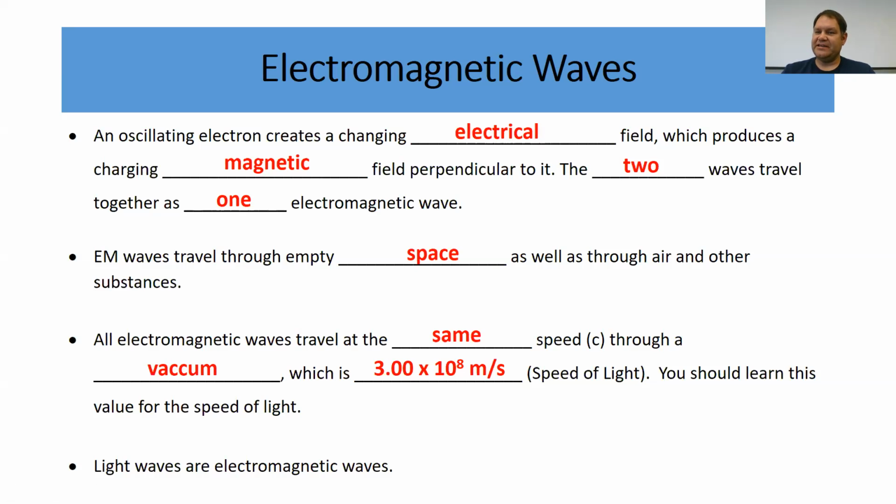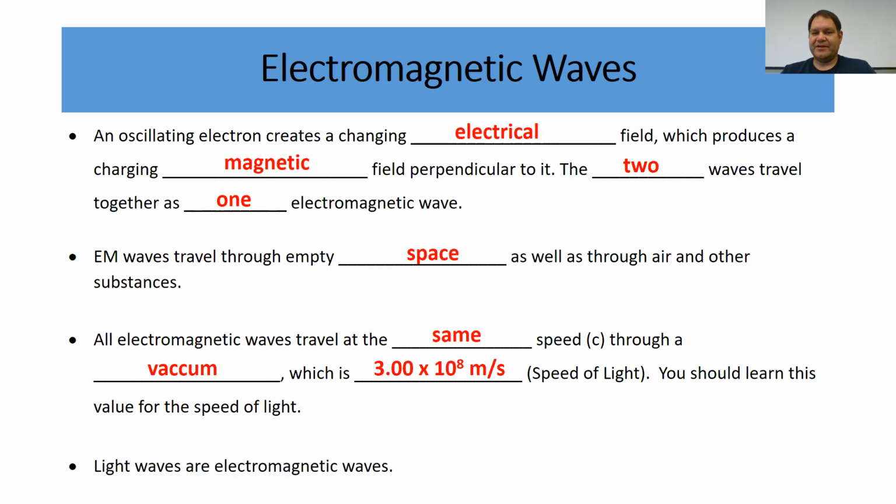This is kind of unique to electromagnetic waves because most waves don't travel through empty space. They need some kind of material to travel through, like water waves need water to travel through. Seismic waves need the earth to travel through. Sound waves need air to travel through. But light waves don't require matter to travel through.